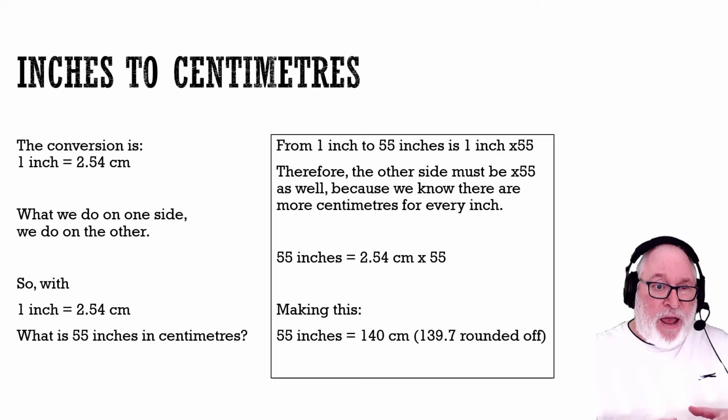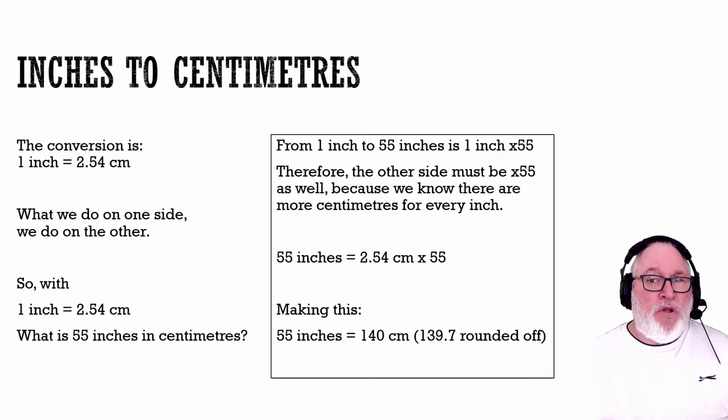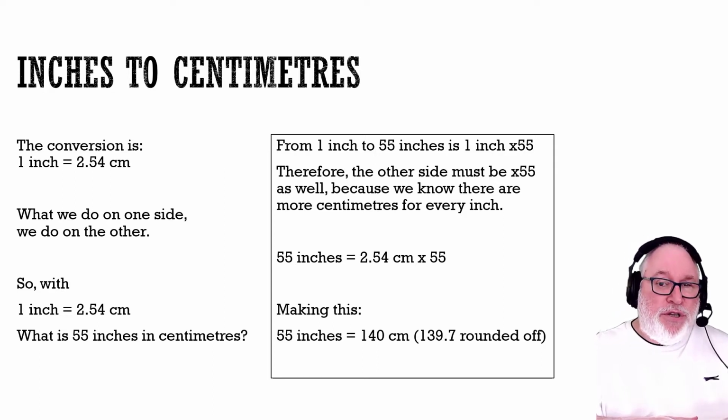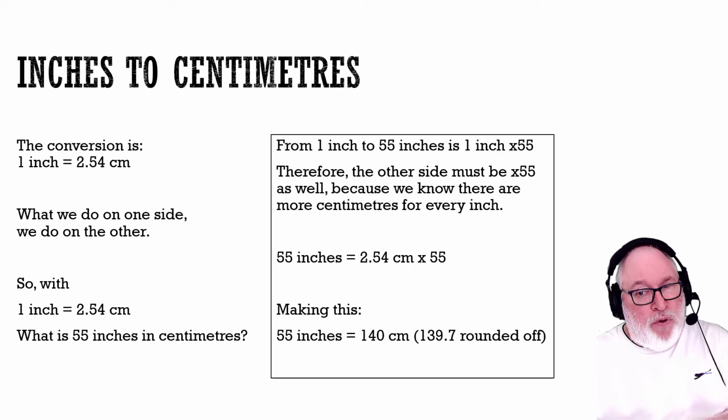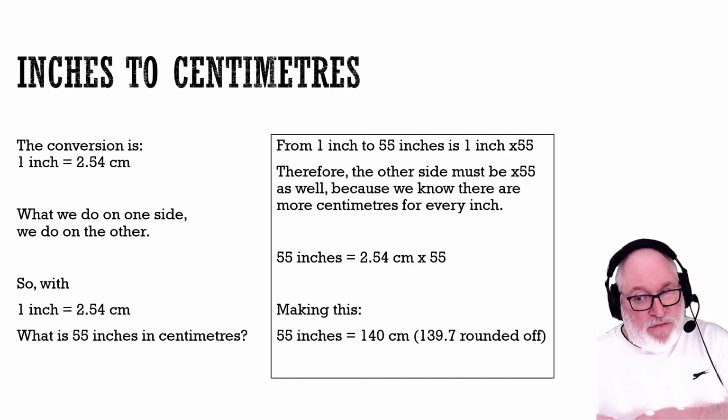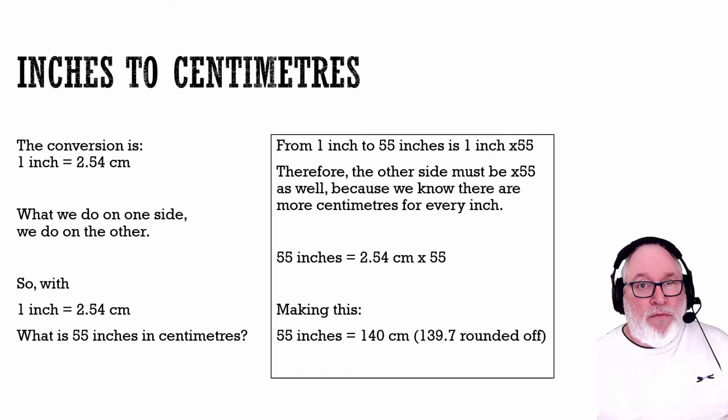So it's 55 times what we originally had as the smallest, 1 inch. What you do on one side, you do on the other. So 55 inches is equivalent to 2.54 centimetres, which is for 1 inch, multiplied by 55. So yes, you're probably right, you calculated it out: 139.7 centimetres. Round it off.